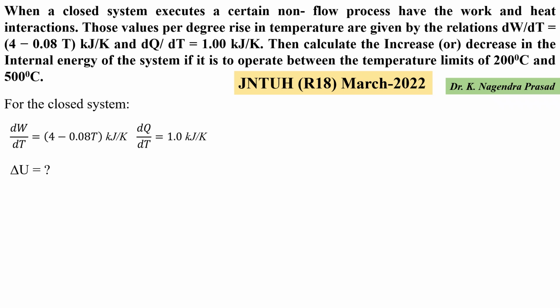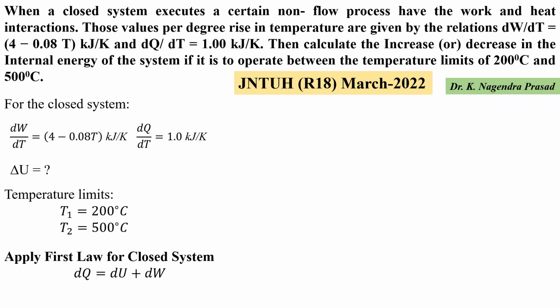Next we have to calculate the increase or decrease in internal energy, that is, we have to determine delta U. Moreover, the temperature limits are given, so let's consider T1 equal to 200 degrees Celsius and T2 equal to 500 degrees Celsius.